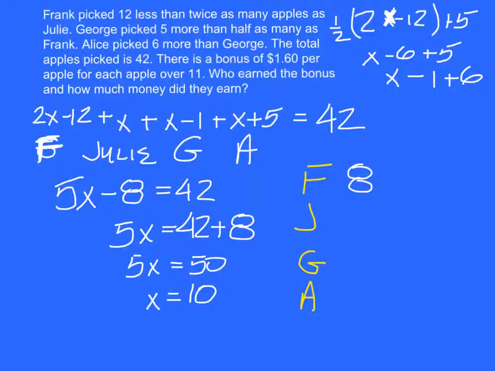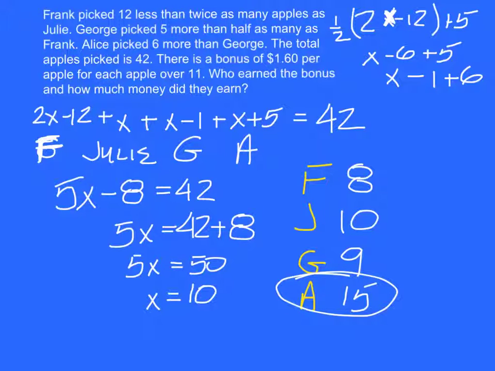And then for Julie, she is x, so she has 10. George is x minus 1, so what is he? 9. And Alice is x plus 5, so what is she? 15. There is a bonus of $1.60 per apple for each apple over 11. Who earned the bonus and how much did they earn? Who's over 11? Alice.